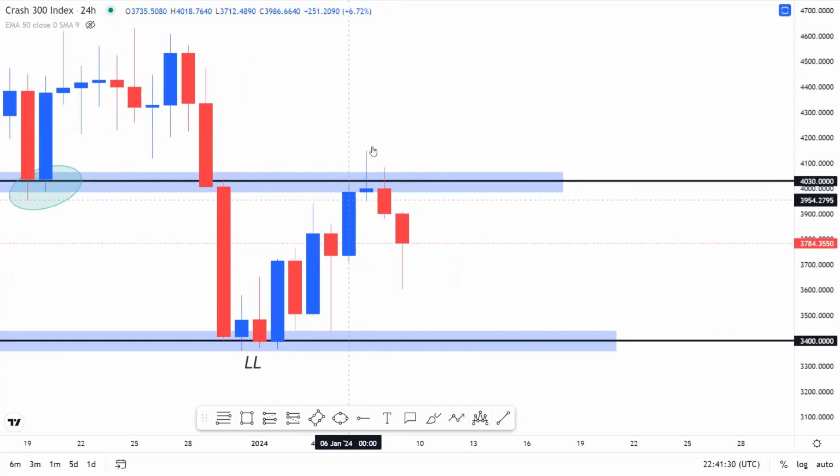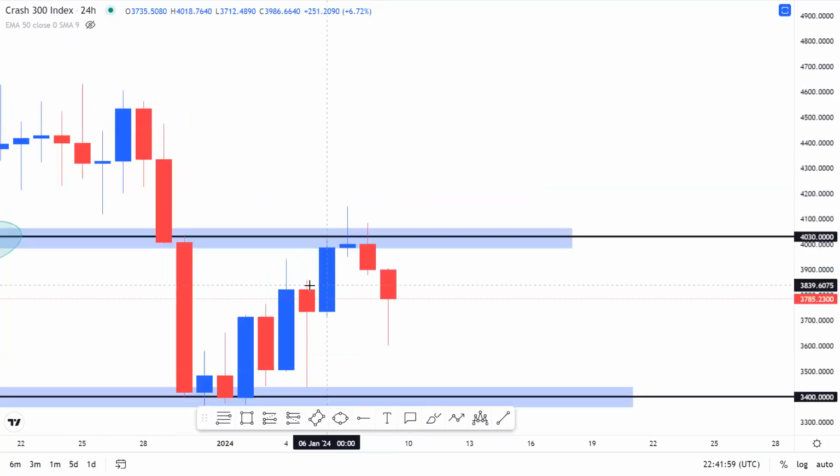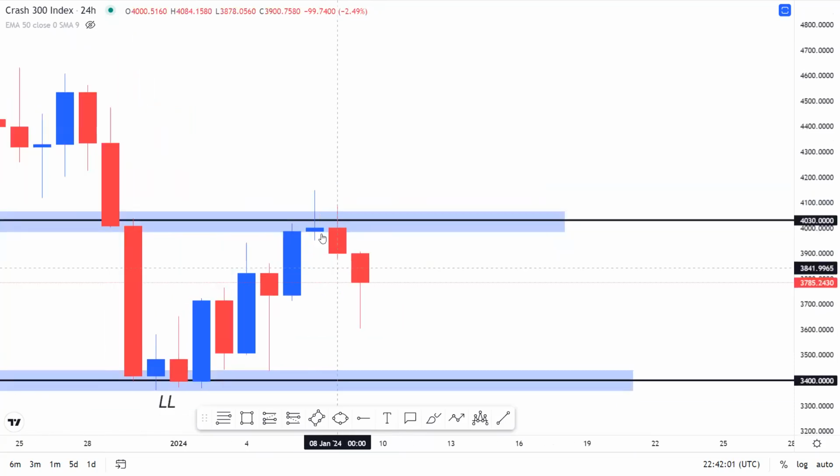And then as soon as we tapped into this very level, being my area of interest, a level where I'm looking to sell from, a level that is considered a seller's zone, we had a daily candlestick that is not as bullish as the previous day. We had a daily candlestick that is confirming a loss of buyers' momentum. As you can see, a rejection from the upside. This is called a shooting star candlestick.